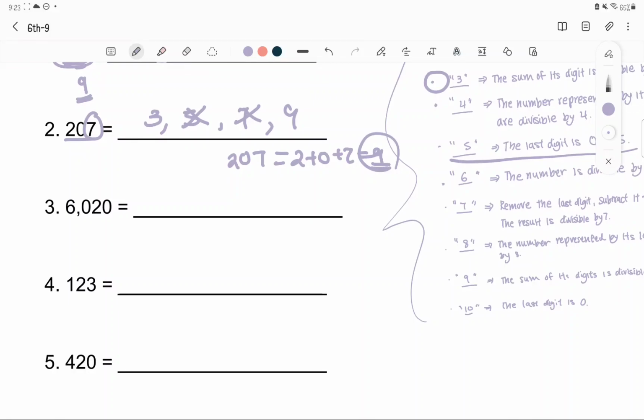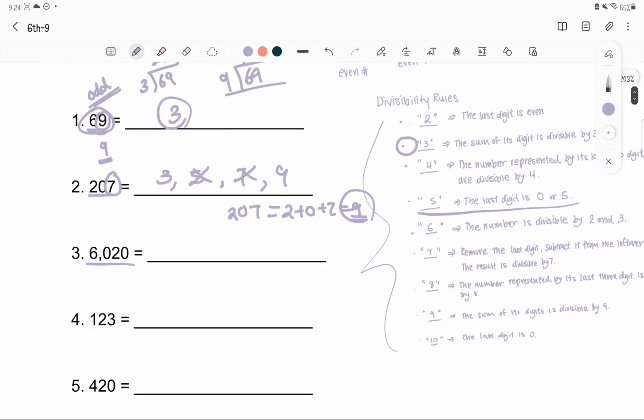And number 3, 6020. This number is an even number, so let's look at the divisibility rules. For the factor of 2, the only rule is that the last digit is even, and 0 is considered even.